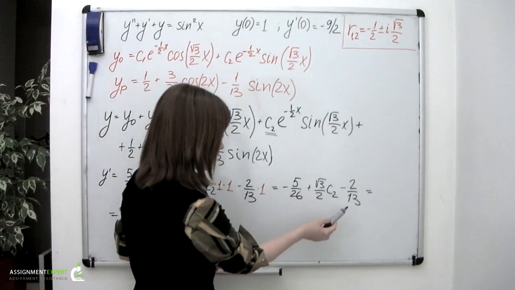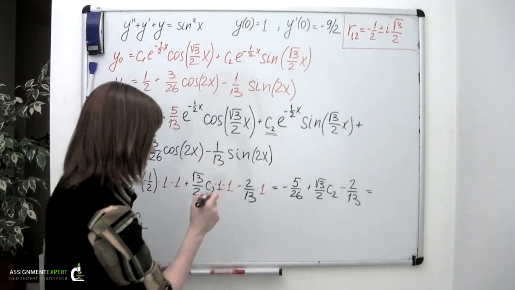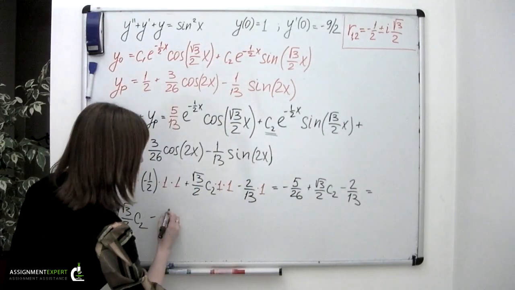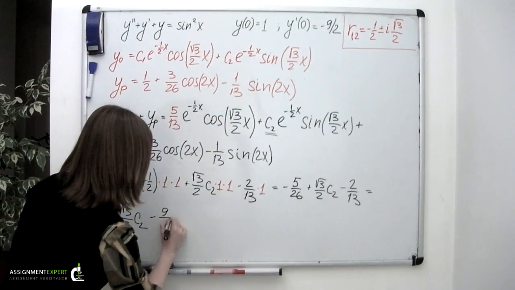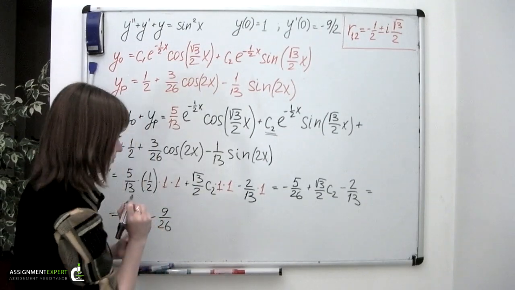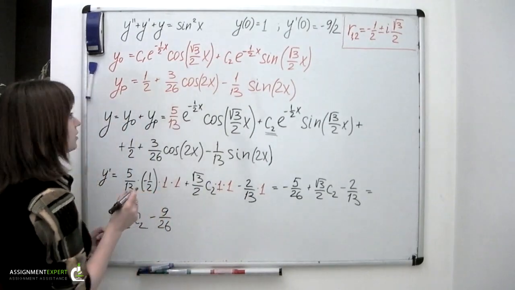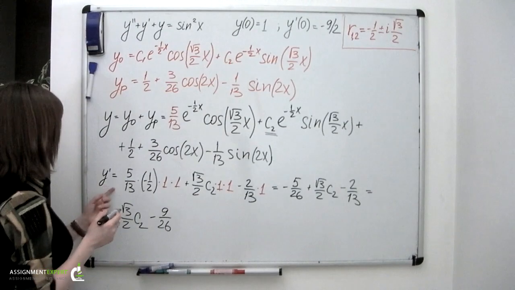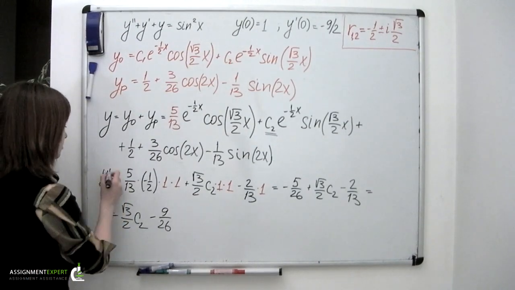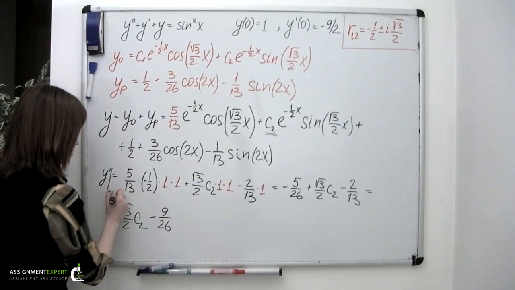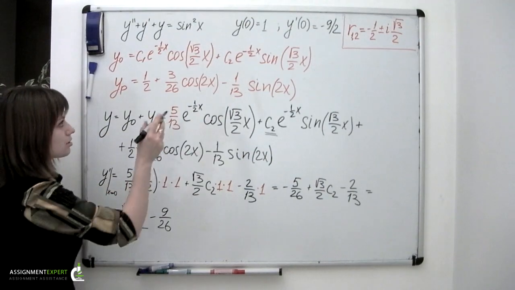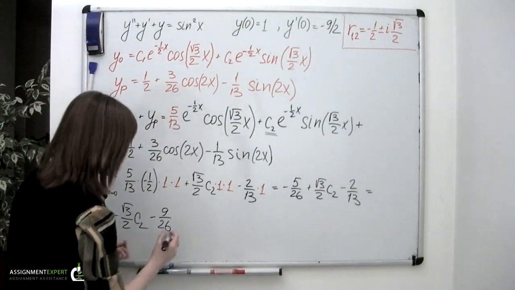This goes multiplied by 2, so we'll have minus 9 over 26. Right. And according to the statement, this first derivative at the point x equals 0 is equal to negative 9 over 2.